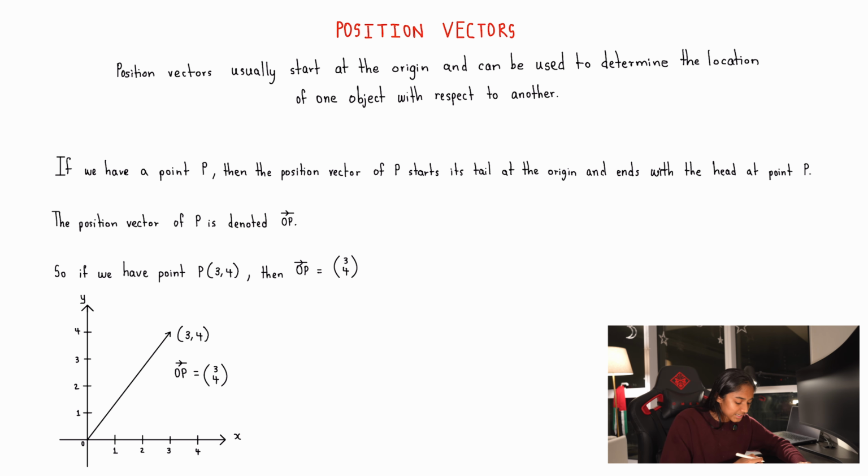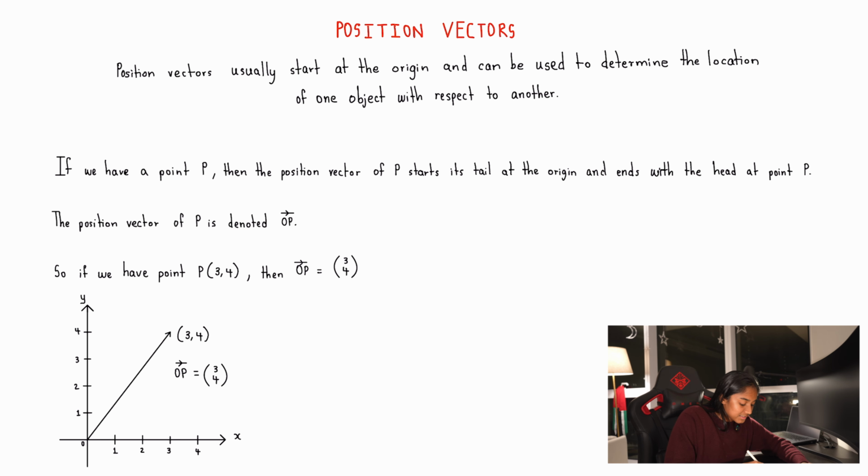Okay, now let's go through that. So remember, we have a point P, all right? The position vector would be denoted by OP, and then we would have the arrow on top, right? So this is the notation, OP, it could be OA if the point was A, anything like that.